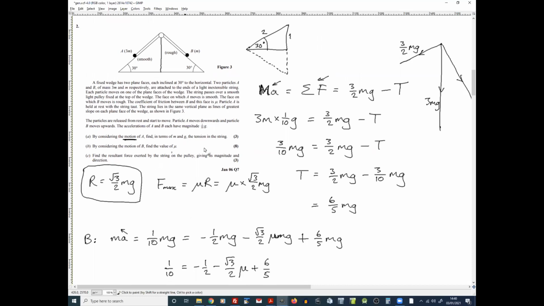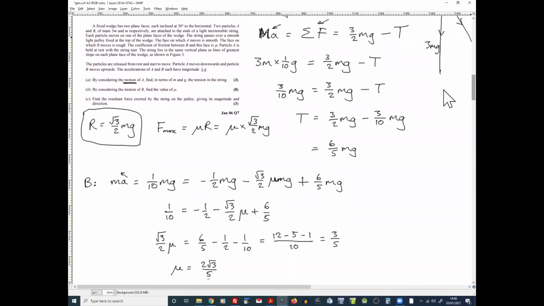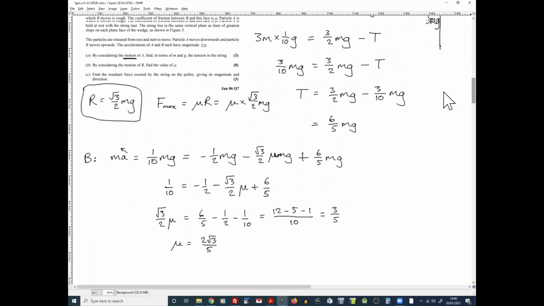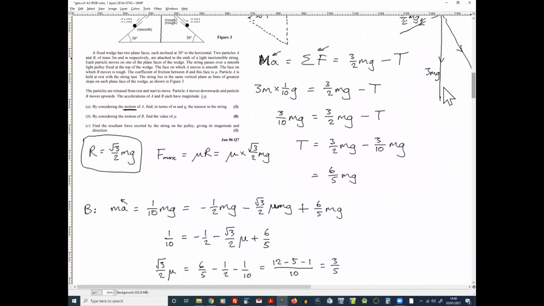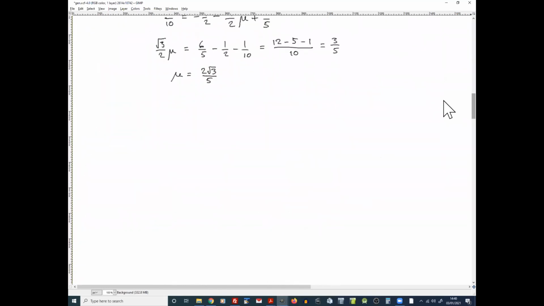Part C is just, I'll leave it with you, to find the resultant of the two tensions. But they're both the same, aren't they? Yeah. In fact, all you're doing there is looking at that isosceles, 30 degrees down there, 30-degree slope there.